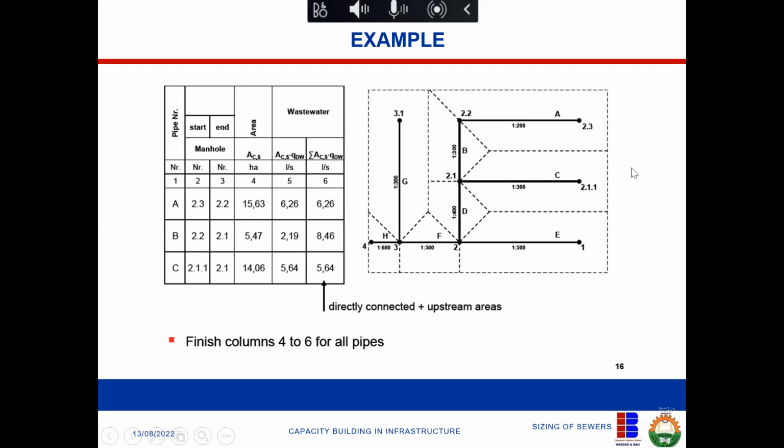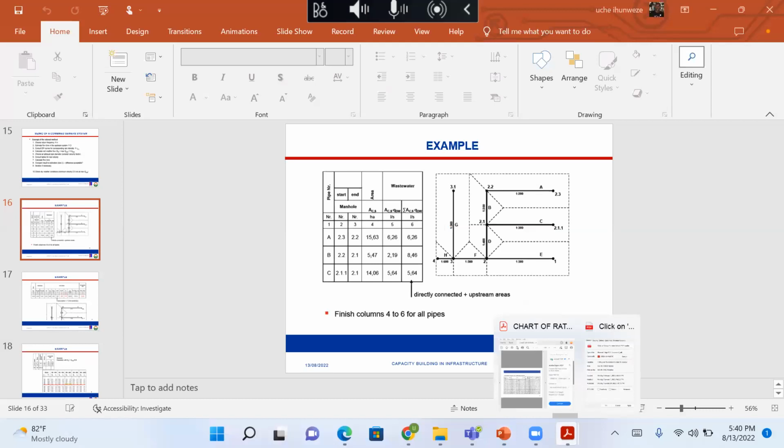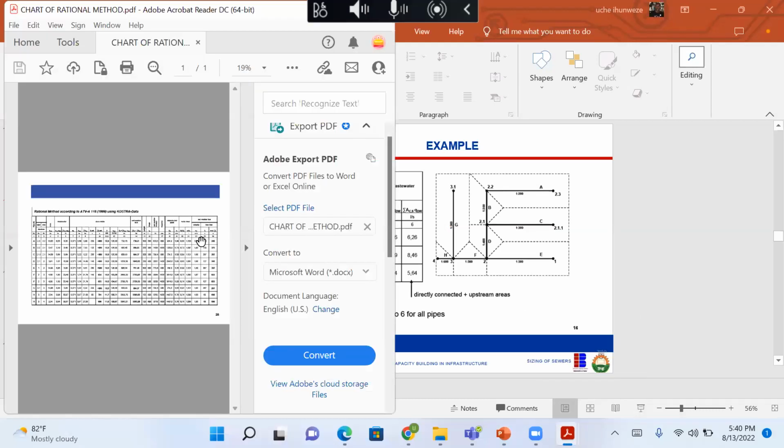It does not have upstream. Why is catchment B big while its catchment area is small? It's because catchment B is the downstream of A. So A is on the upstream. That is how you'll be working it through. So please bear with me on this small format.